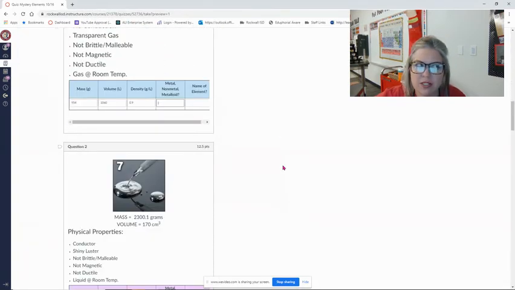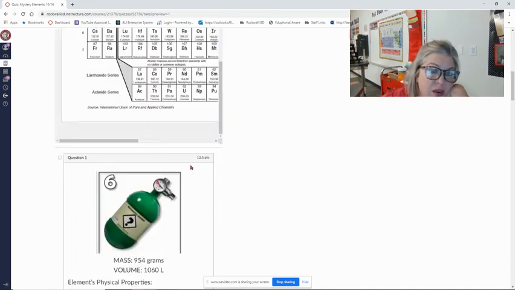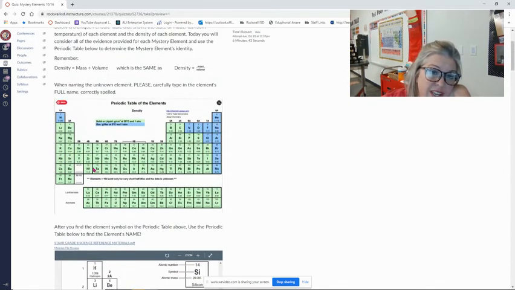So now I know where it's got to be placed on the periodic table. It's not brittle or malleable. It's not magnetic. It's not ductile, and it's a gas at room temperature. So I'm pretty confident it can't be any of these, because it's a gas at room temperature. Any of the greens are out, which means it's not going to be a metalloid, which is found on the stair-step lines.